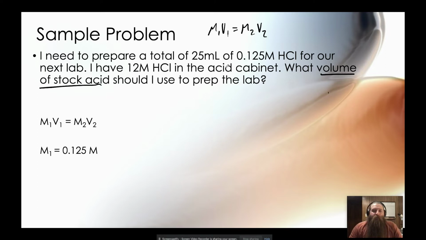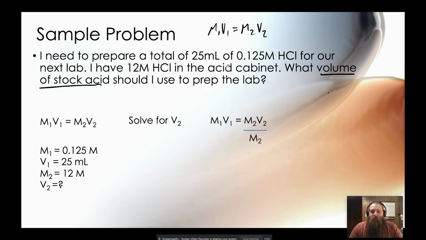Well, my first molarity, the first one I know, is 0.125. And the volume that goes with it is 25 milliliters. My second molarity in the problem is 12 molar, and so I'm looking for my second volume. I need to solve this equation for V2, so that's pretty simple, right? So divide both sides by M2.